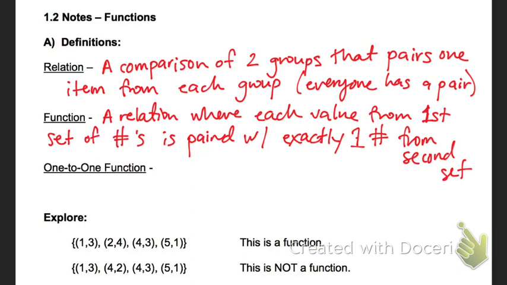And the way we tell that is it must pass the vertical line test. The vertical line test is when you take your pencil, like if you look at a function, you take your pencil vertically and you go from left to right. If the function ever touches your pencil more than one time, then it is not a function.